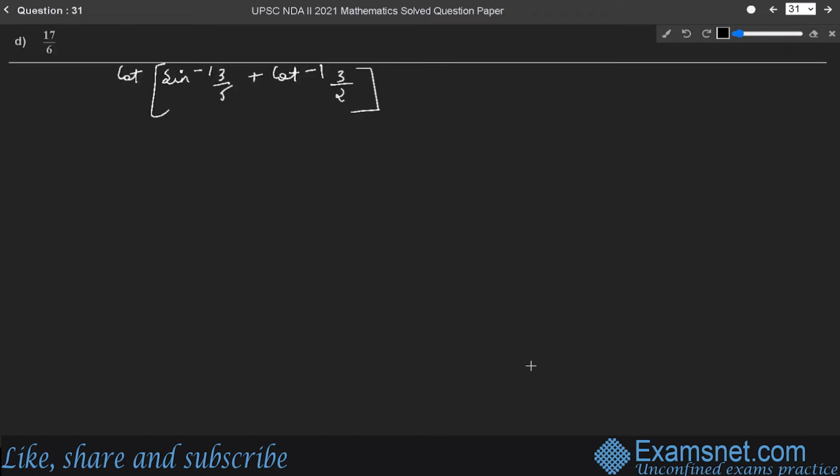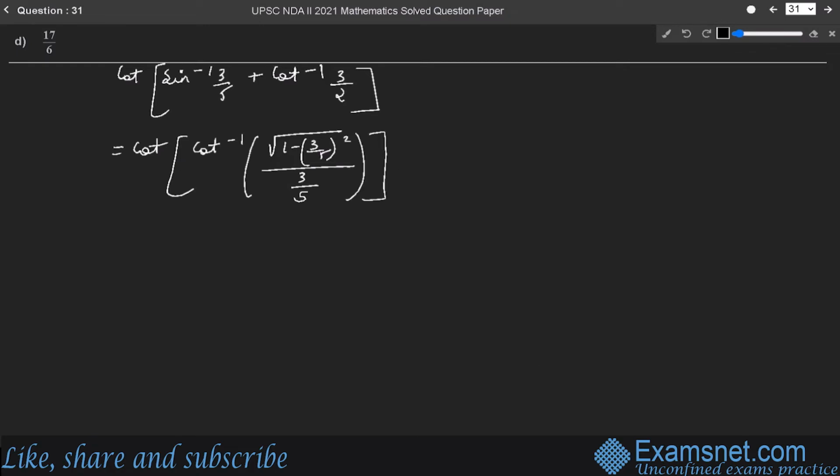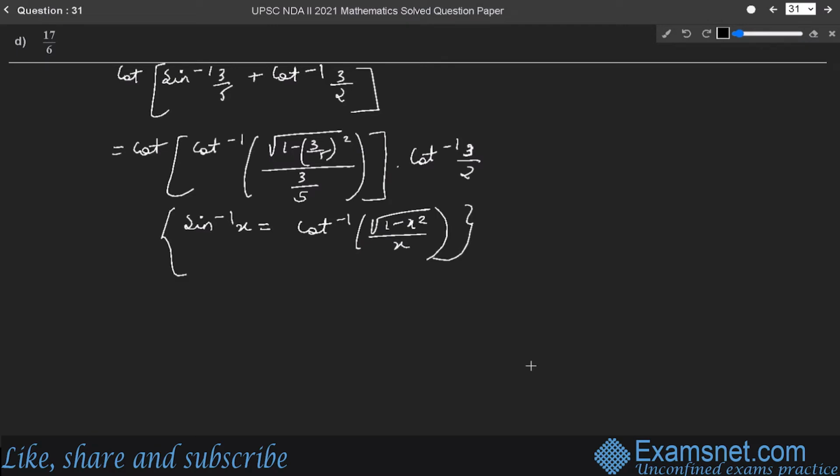So this trigonometric expression can be further written as cot of cot inverse of under root of 1 minus (3 by 5) square upon 3 by 5, plus cot inverse 3 by 2, because we know that sin inverse x is equal to cot inverse of under root 1 minus x square upon x. So by using this formula, we can write this whole term in place of sin inverse 3 by 5.